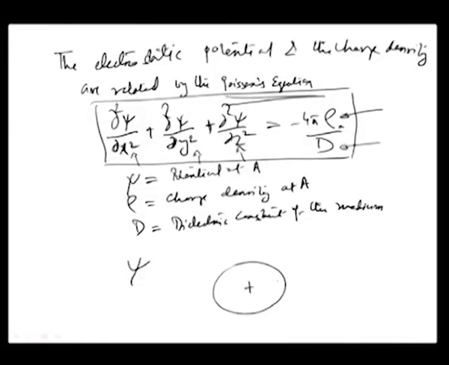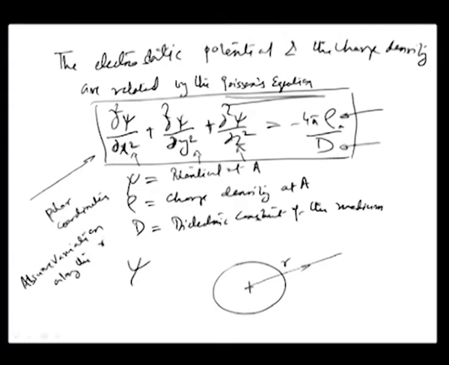Because there is a central ion, the potential function really varies as a function of distance r from the central ion, so we have to convert this whole equation into polar or spherical coordinates, and then assume only variation along the radius vector r, or we assume spherical symmetry.